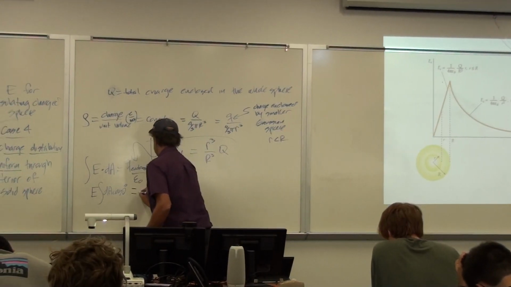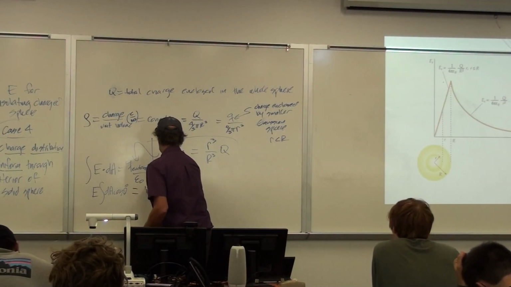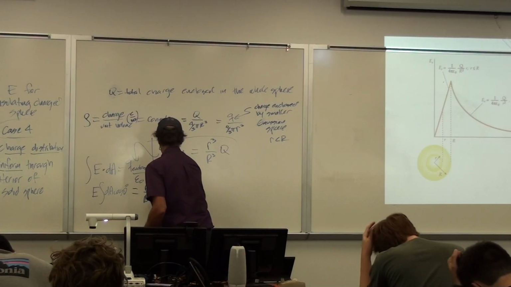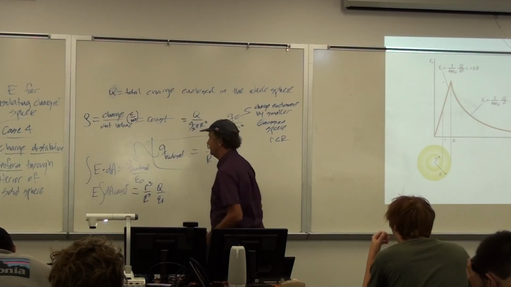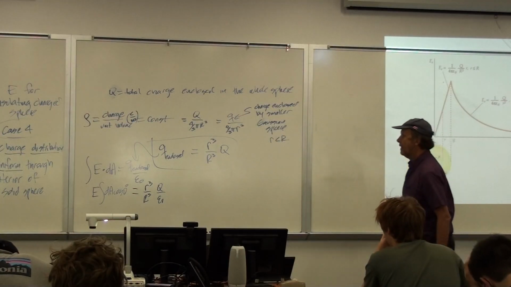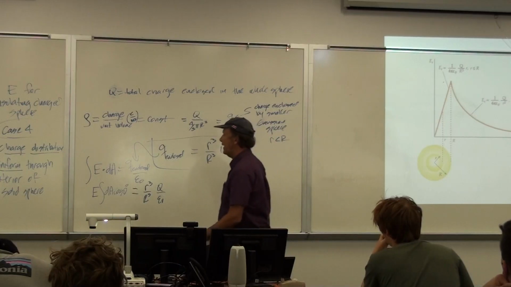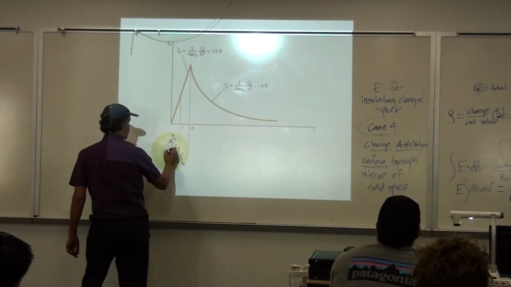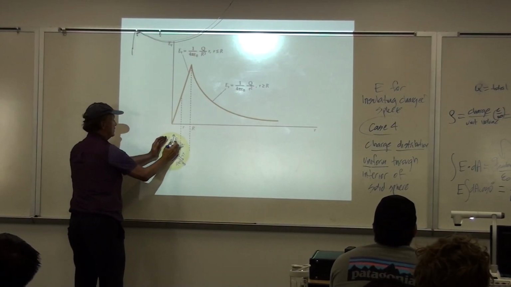E times dA cosine theta equals little r cubed over big R cubed times Q over epsilon naught. This is Gauss's law for this problem. Now you don't want to get the r's mixed up. The little r is the r that's associated with our Gaussian sphere.